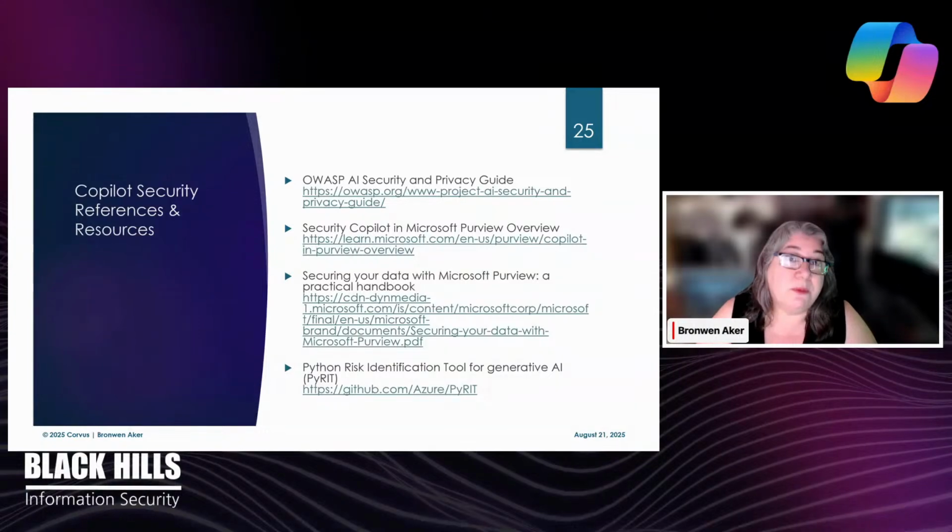And if you're a red teamer and you want to actively attack not just Copilot, but any LLM, look into PyRIT, the Python Risk Identification Tool for generative AI. It's the tool that Microsoft built to pound on Copilot to help make it secure.